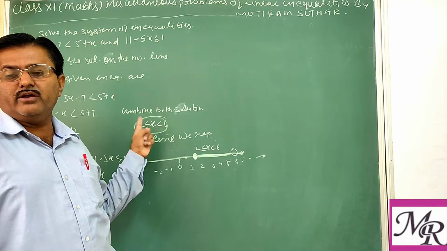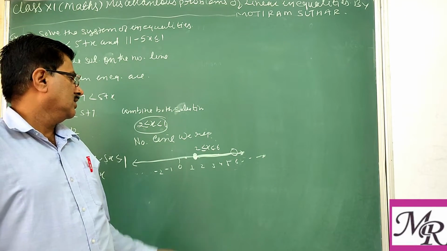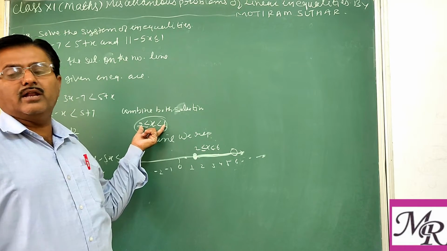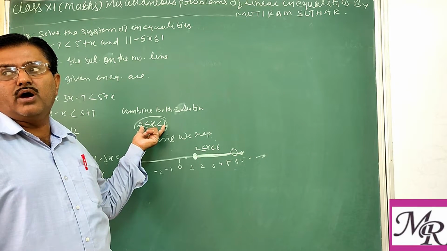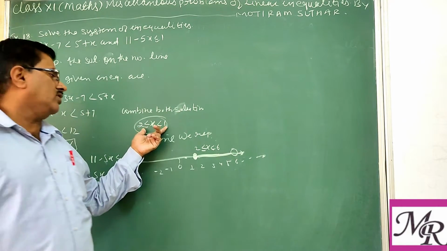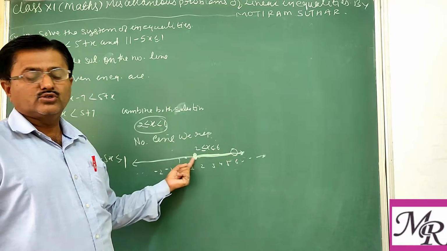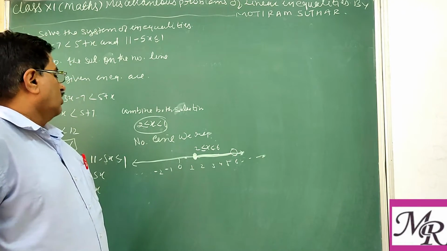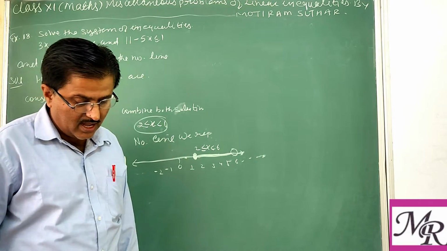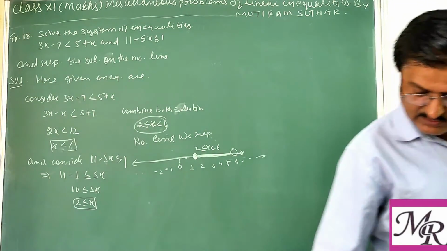Here 2 is included but 6 is not included. Clear? The solution will be all real numbers lying between 2 and 6. 2 is included but 6 is not. That's why this circle is dark and this is empty. So this is known as the solution represented on the number line. So write down this.